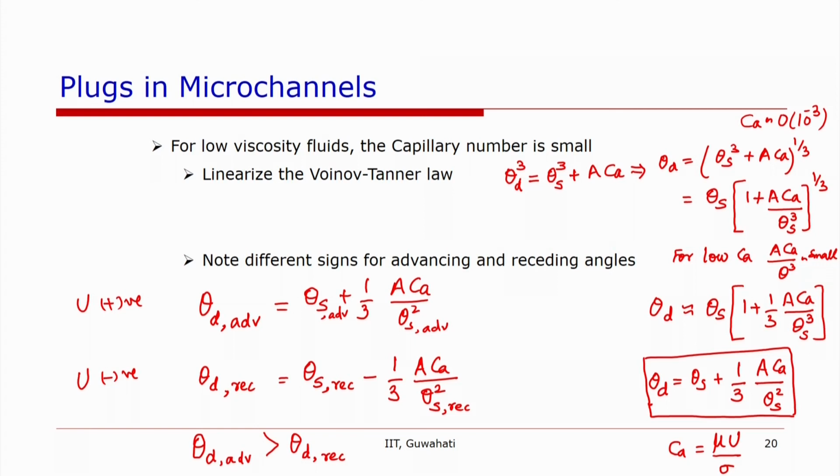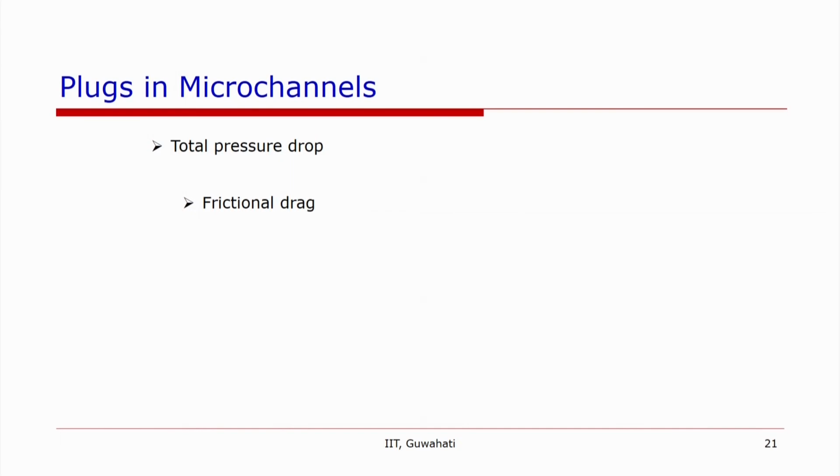Okay. So based on these correlations, now we try to look at the pressure drop when we have plugs in microchannels. So if we have a picture of the plug that we just described, and let us consider one unit cell where we have the plugs of two phases 1 and 2.